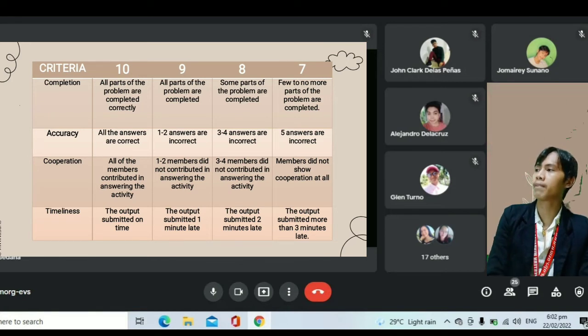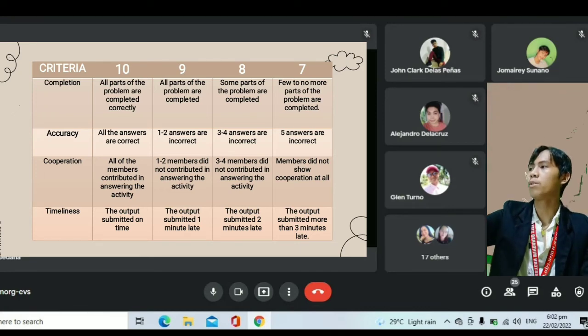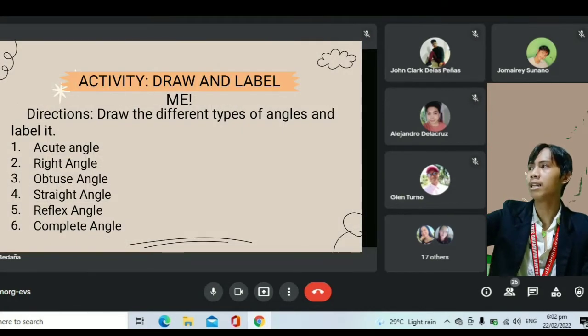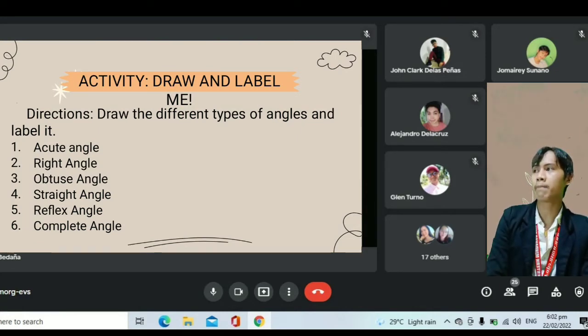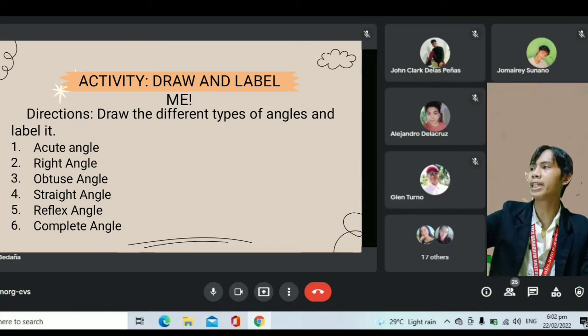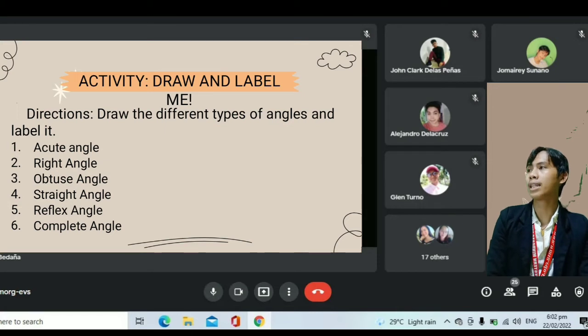Here is our activity. Our activity is entitled Draw and Label Me. Directions: draw the different types of angles and label them. We have here the 6 types of angles: the acute angle, right angle, obtuse angle, straight angle, reflex angle, and the complete angle.